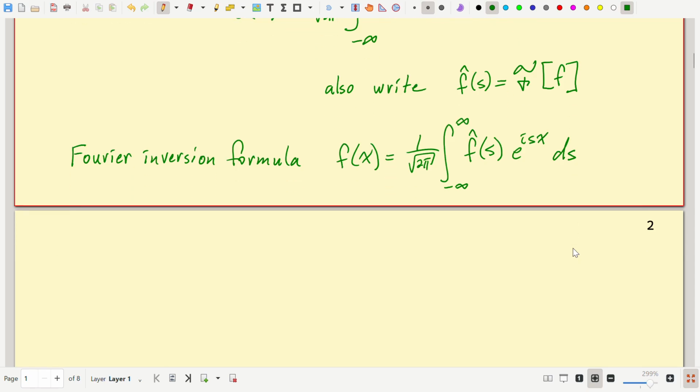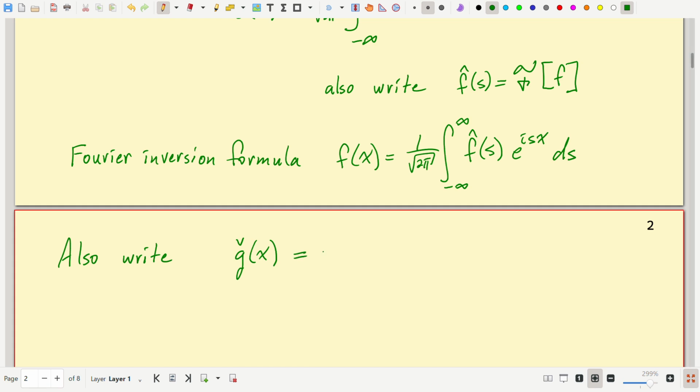Okay, and so we also write g, g upside down caret of x is the 1 over the square root of 2 pi integral from minus infinity to infinity of g of s e to the plus i s x ds.